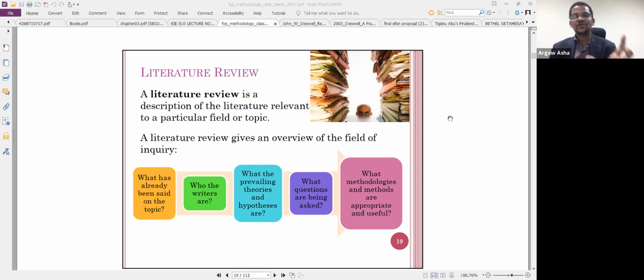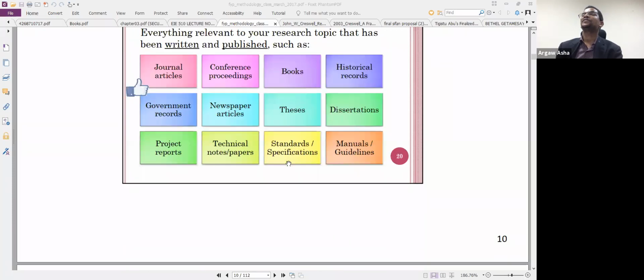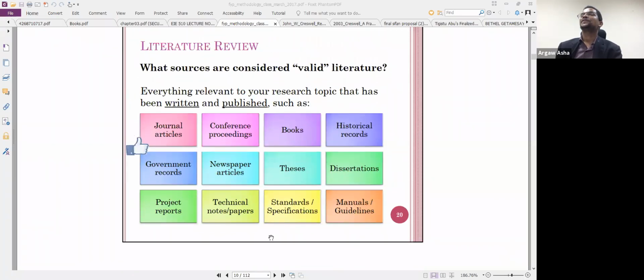If that method is not appropriate, you are going to suggest a new one. Okay, that method was not working properly. Then you can suggest your new method in that case.